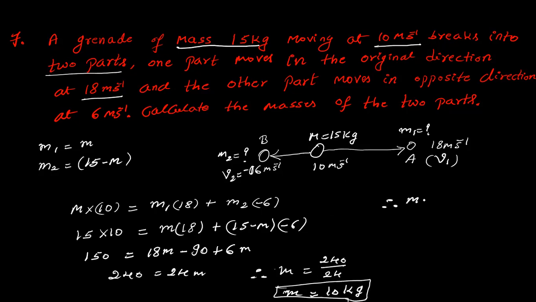Therefore, M1 is 10 kg and M2 is 15 minus M. That is 15 minus 10. It becomes 5 kg. This is the M.